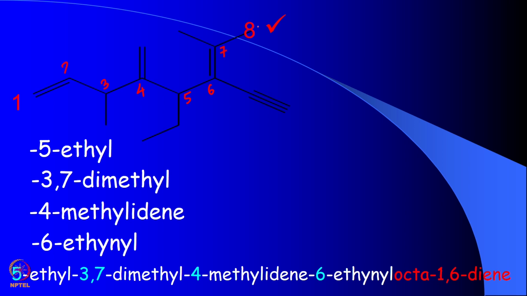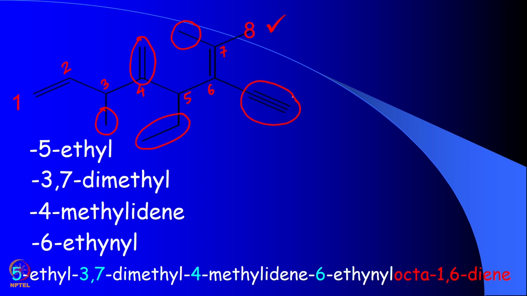So, what we have here is, at 5 position we have the ethyl group, at 3 and 7 positions we have 2 methyl groups, as you can see. At 4 position we have a methylidene group. At 6 position we have this ethynyl substitution.